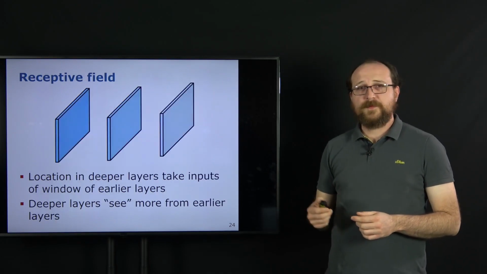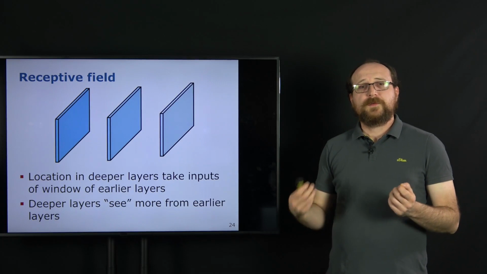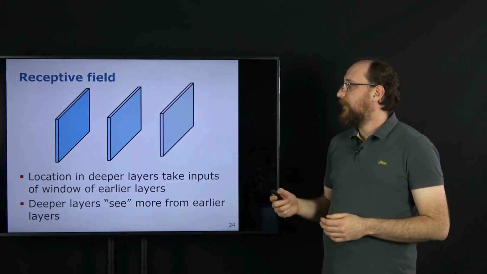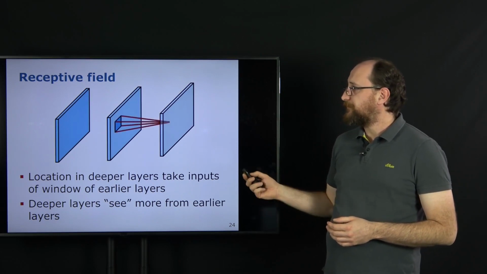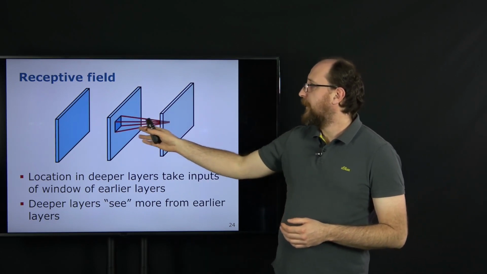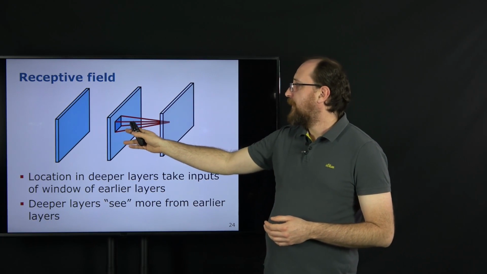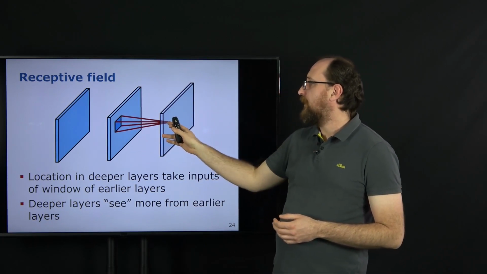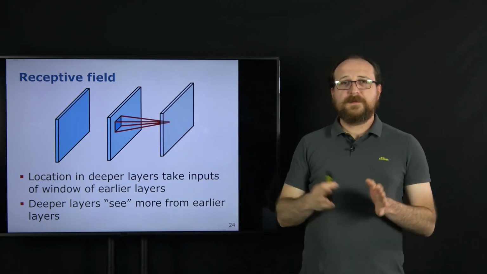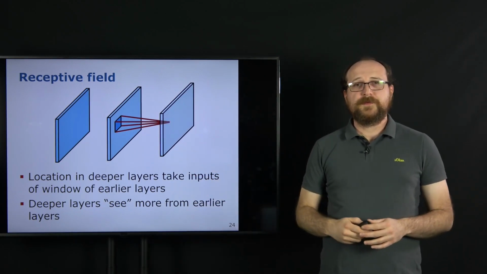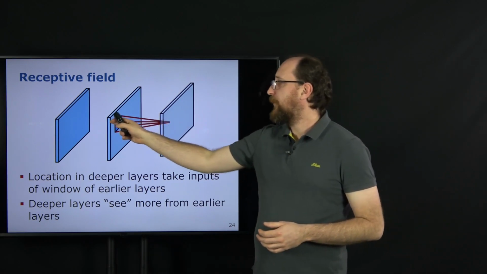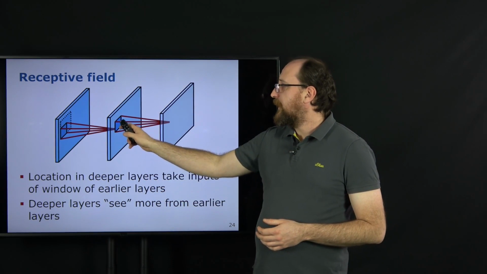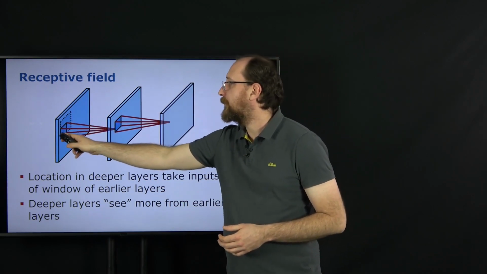But before we talk about what we are doing, we have to see what is meant by the receptive field. When we apply a convolution on a certain input, we are aggregating this information from this window in the feature map here. But what this means, if we are stacking multiple of these convolutions, is that when we go one step further, we are aggregating from this layer the information from before.